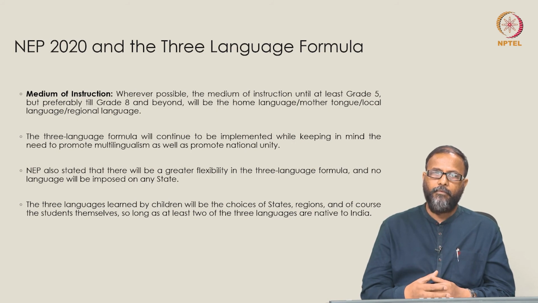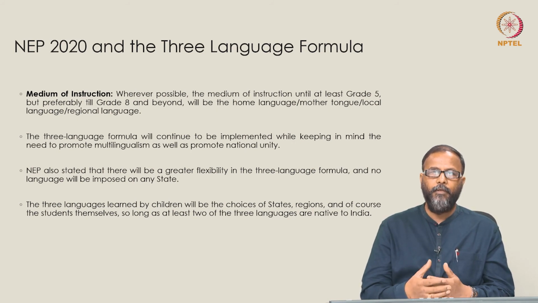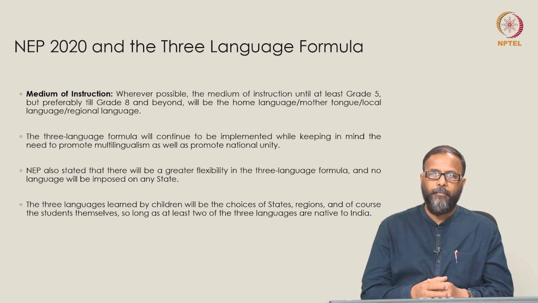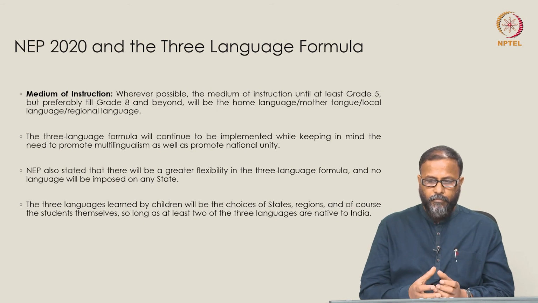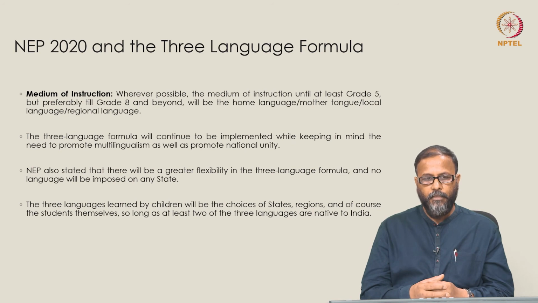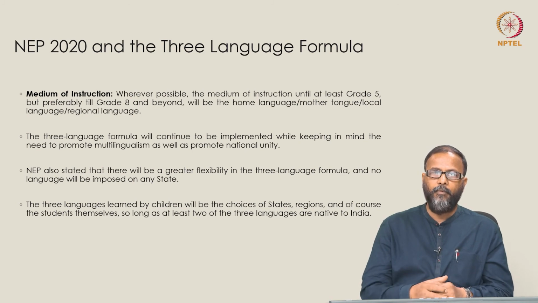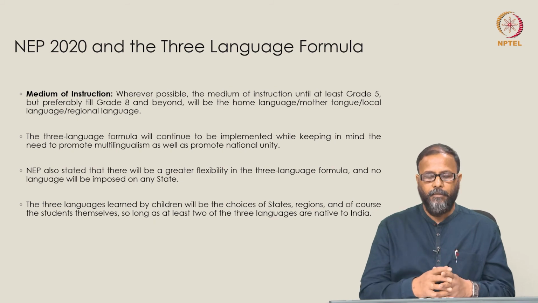The trilingual formula continues, but in 2020, a little more flexibility has been added. So, the salient points of NEP 2020 we can summarize as wherever possible. So, that's the flexibility that NEP 2020 gives. It says wherever possible, it doesn't mandate.